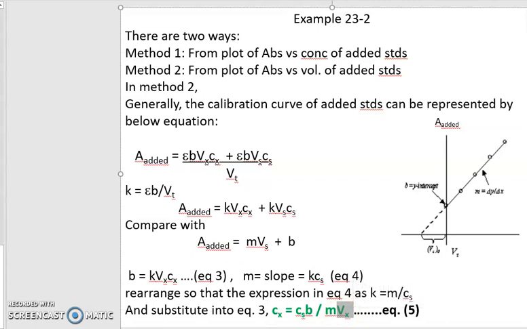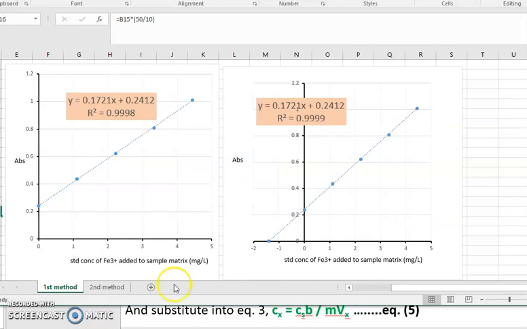And if you determine the concentration of the analyte using the calibration with the x-axis in concentration units, you need to extrapolate the regression line to y equals 0, where the value you obtain represents the concentration of the analyte in the diluted sample.